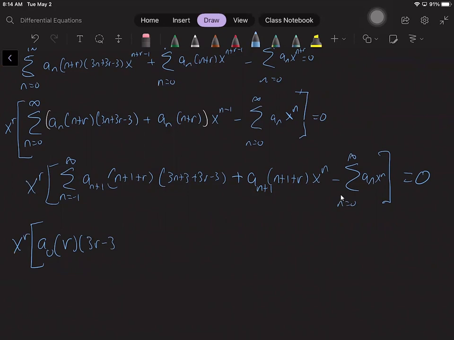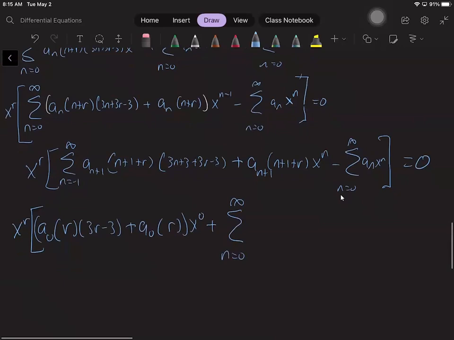And then that's that coefficient plus a_0 times, and then over here, I just get r. And then all of that is times x to the 0. So I plugged in the 0th term because now I can combine these into a single series because now they both start at 0.